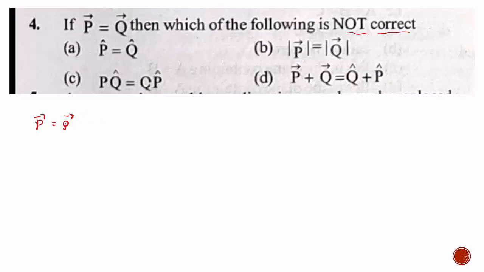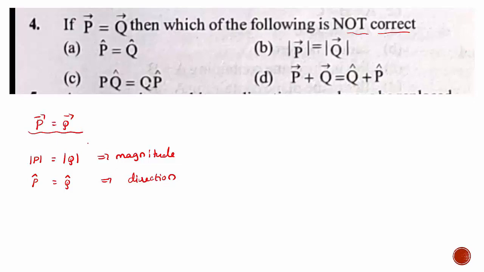Right, then only we can take vector P equal to vector Q. Magnitude means mod of P should be equal to mod of Q. That gives magnitude. Similarly, its direction should be equal: P cap is equal to Q cap. So then it gives direction. Magnitude and direction should be equal, then we can say that vector P equals vector Q.